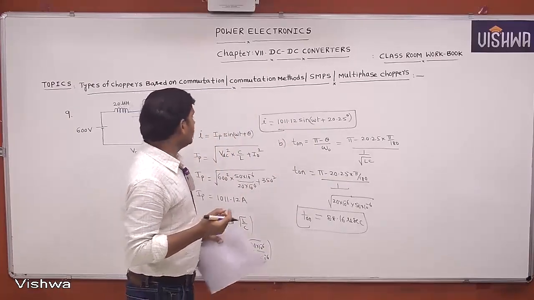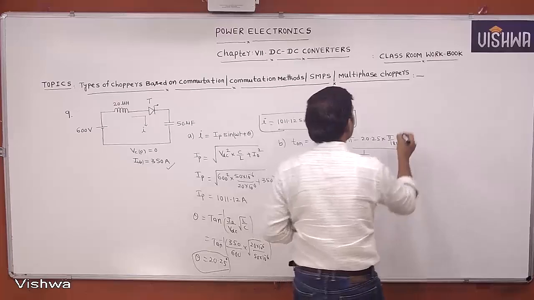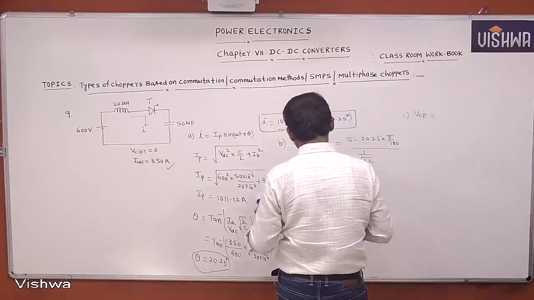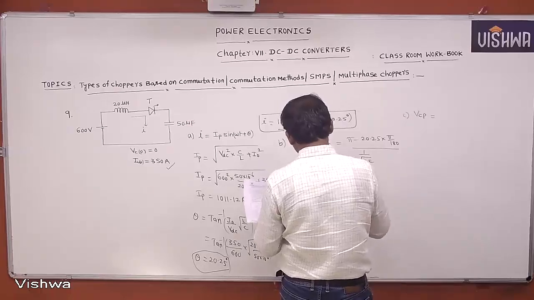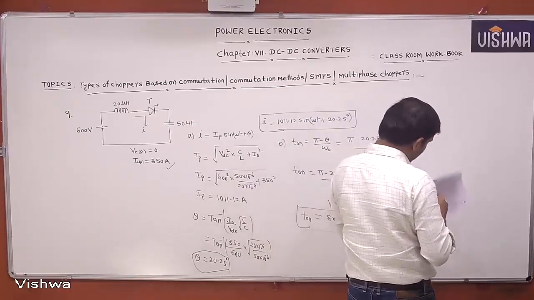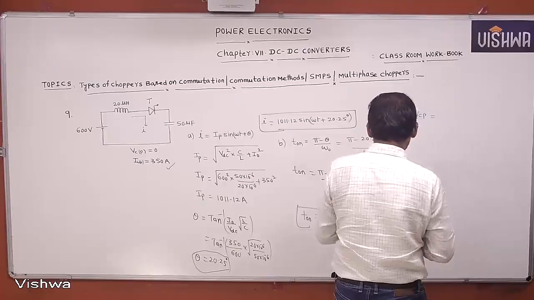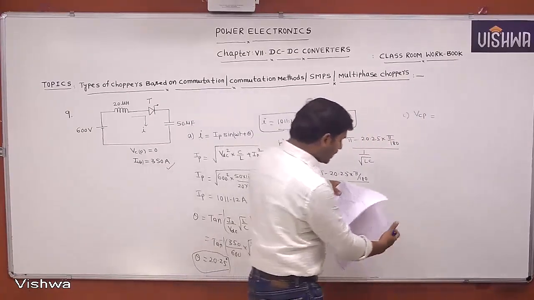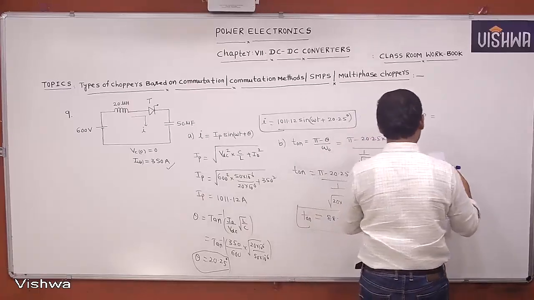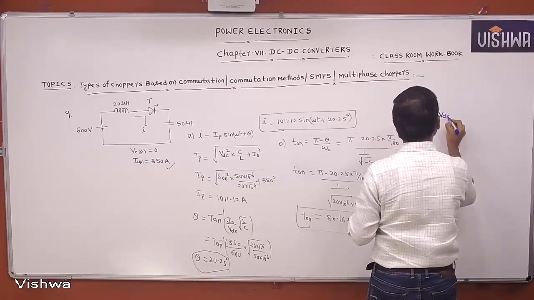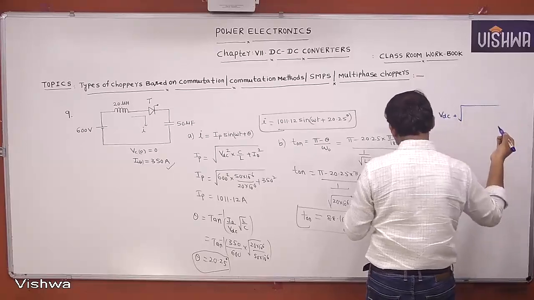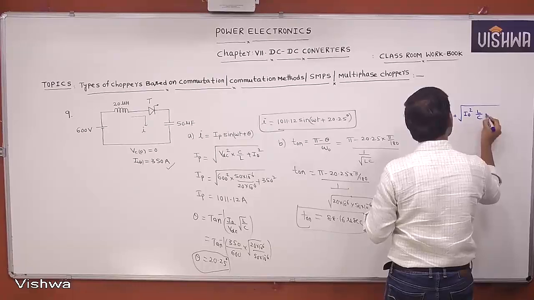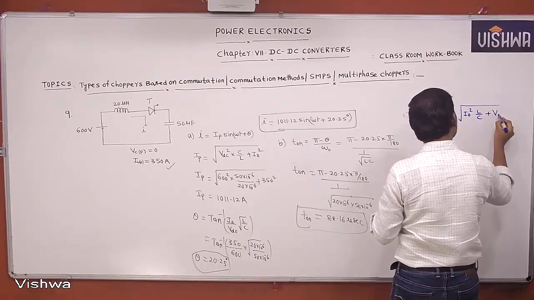Then what is question C? What is the peak voltage across the capacitor, VCP? This formula also I gave in the analysis. If there is no initial voltage across the capacitor and the initial current is given, the peak voltage is VDC plus square root of I naught square into L by C plus VDC square.